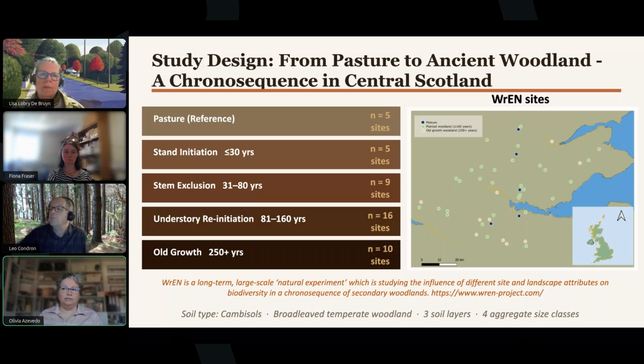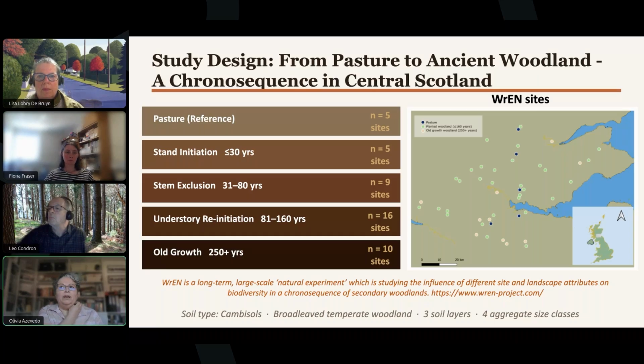The study was conducted across the central lowlands of Scotland as part of the Woodland Creation and Ecological Networks project, WREN. You can see the site distribution on the map spread across the Midland Valley, all on brown earths to control for soil type variation.